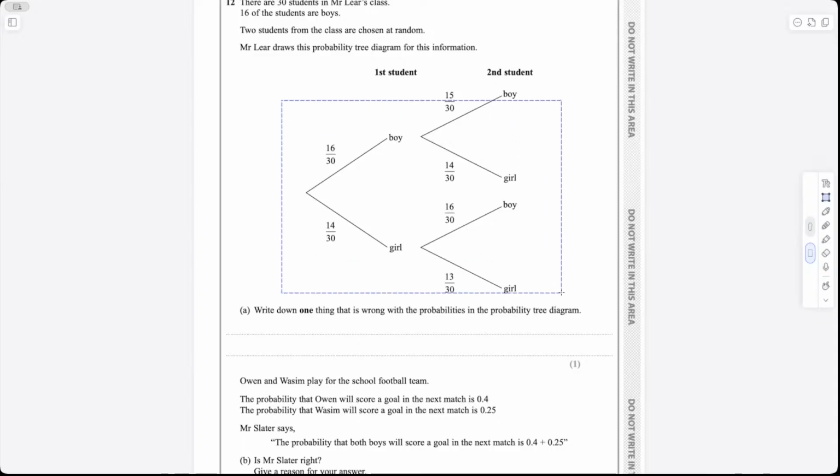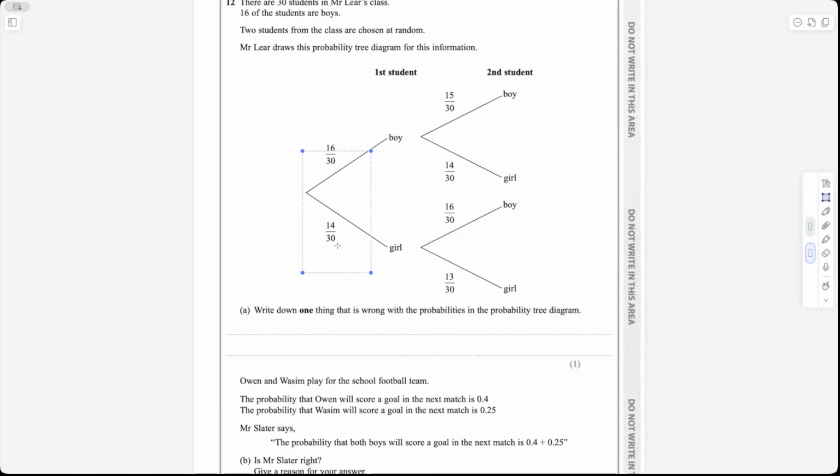So this is just a probability question. If there's an issue in a probability tree, the first thing I would check is whether the probabilities across one of the events add up to 1.